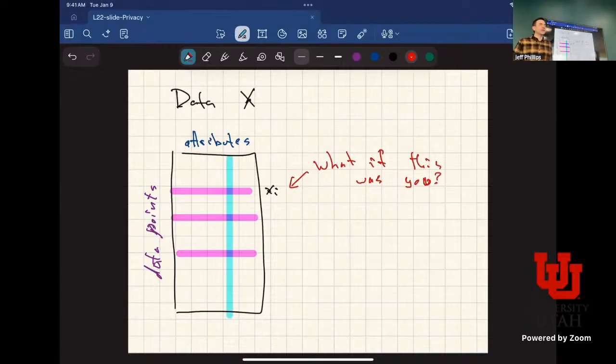What if this data point, we're analyzing these data points, we're trying to make some categories or embed stuff similar to other data points. What if this data point was you? Would you like the consequences of being grouped together or used to make an inference on things with the data representing yourself, right?